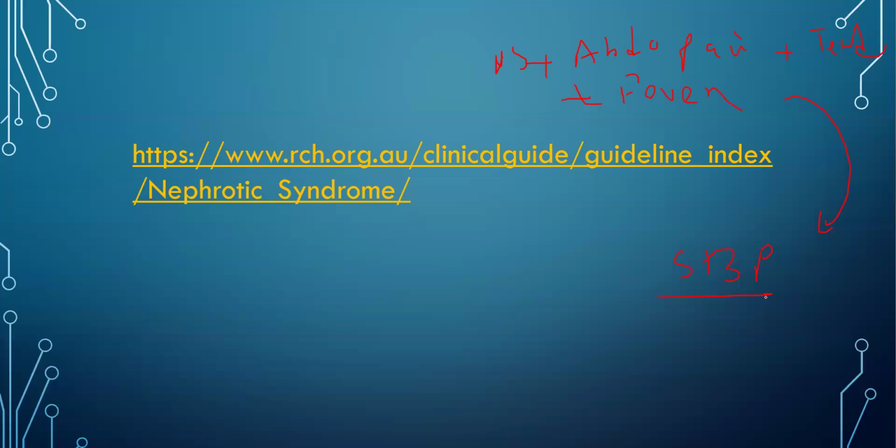And a nephrotic syndrome child having flank pain but no fever, nothing else, then it could be a renal vein thrombosis. Okay, so these are important complications. RCH has a very good discussion about nephrotic. I would like you guys to go through the RCH guideline in detail about nephrotic. Okay.